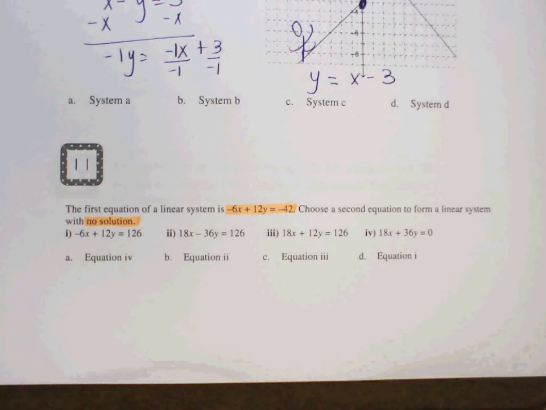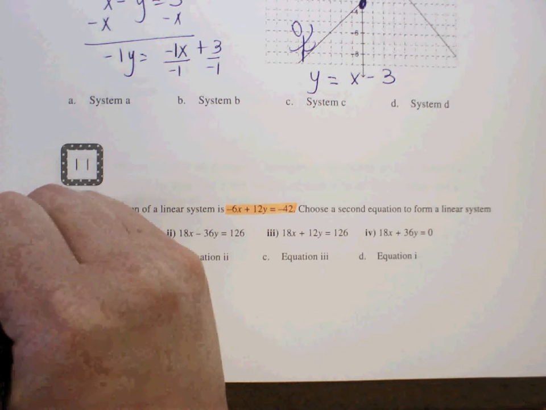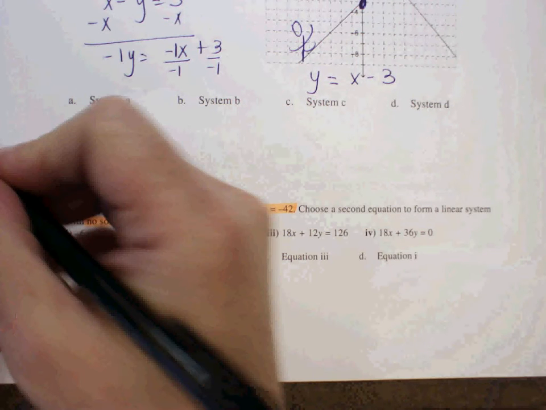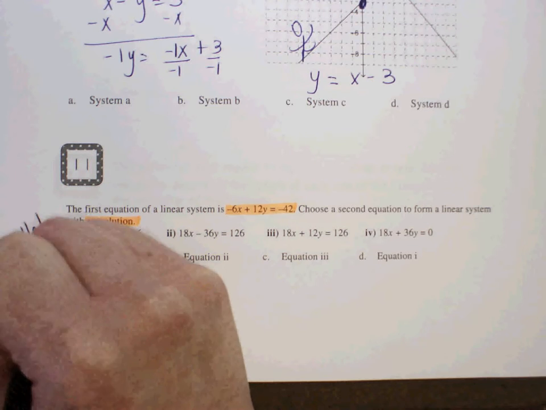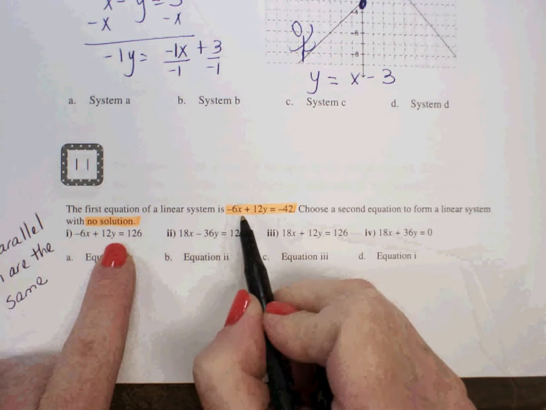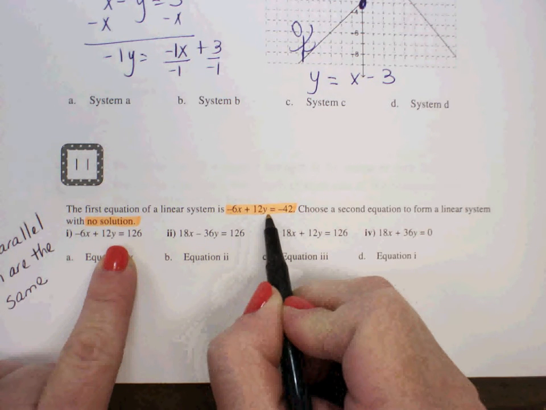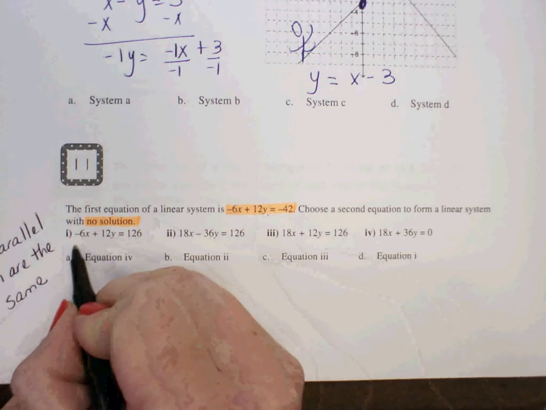So you have to think that in order for them to have no solution, they need to be parallel. So I need to find a line that's parallel, which means the slopes are the same. I look at this one, it says minus 6x plus 12y. So all I'm doing is looking for one that will give me the same thing.